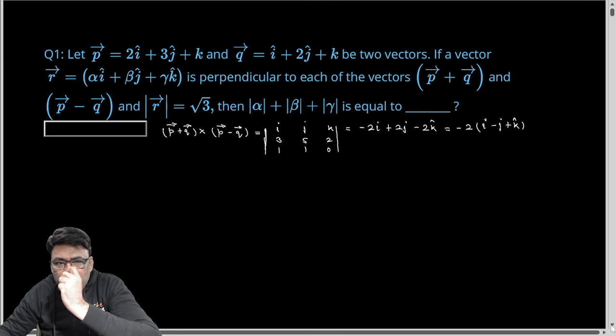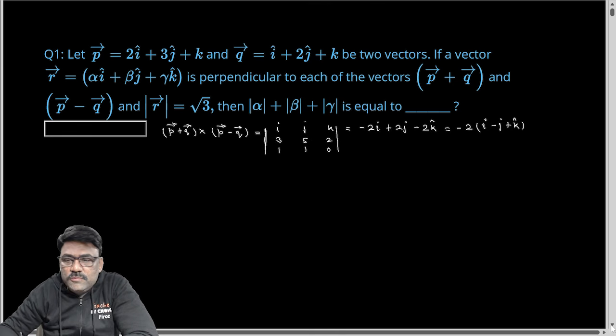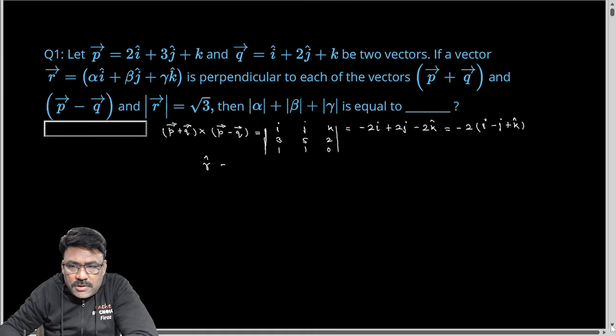So this is the vector in the direction of vector r, but they have given that the length of r is root 3. So what will r cap actually be? Just make it a unit vector. So r cap will be minus 2 times (i minus j plus k) divided by under root a square plus b square, so root 3.